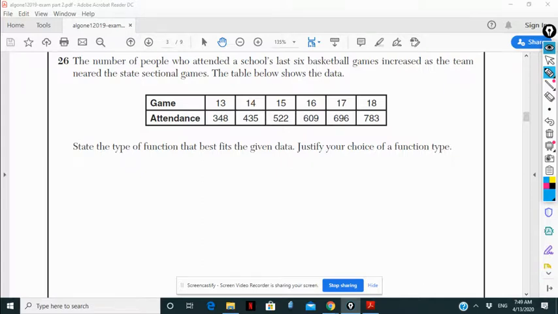So I have to be sure if it's linear or quadratic. So here I add 1. I'm testing first, adding 1, adding 1. Over there, I'm adding 87, here 87.